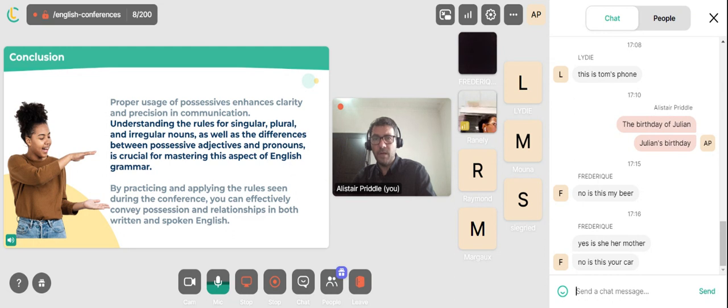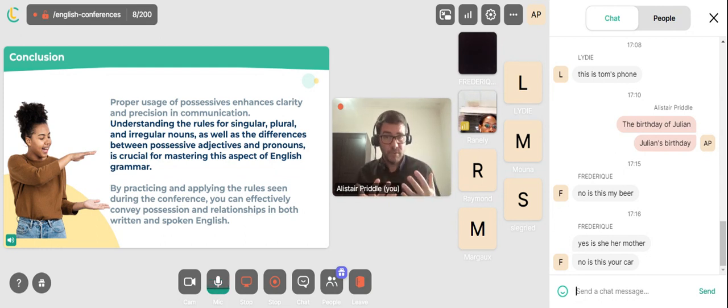Okay guys, we are nearly at the end of our lesson today for these possessive words. We've used possessive nouns, possessive adjectives and possessive pronouns. So I'm going to read through the conclusion twice. Please have a listen. Proper usage of possessives enhances clarity and precision in communication.